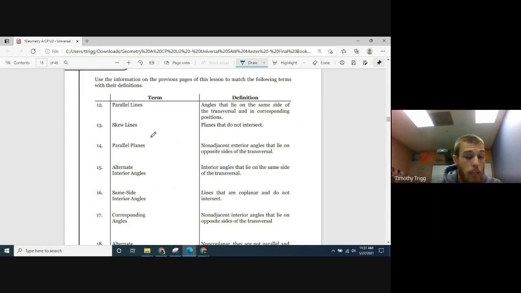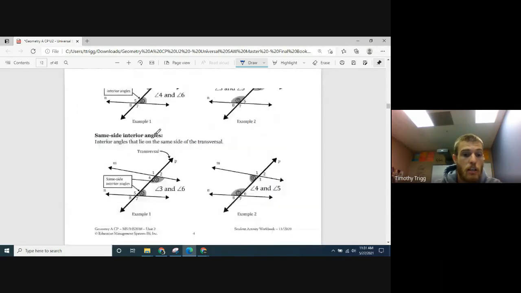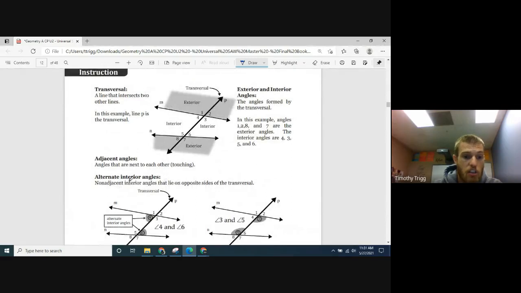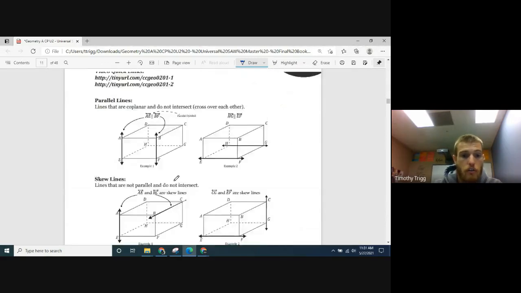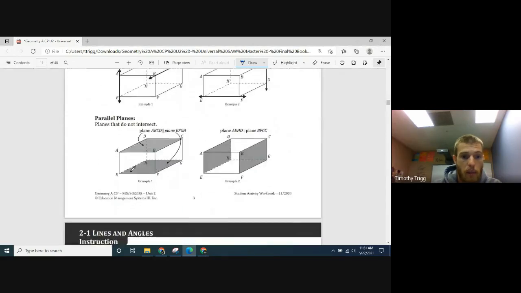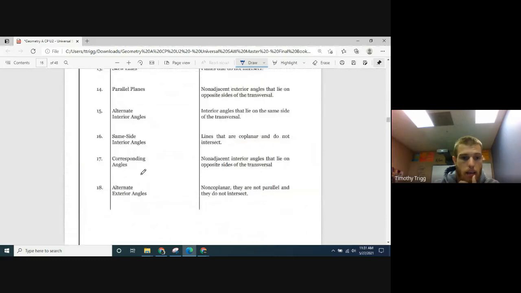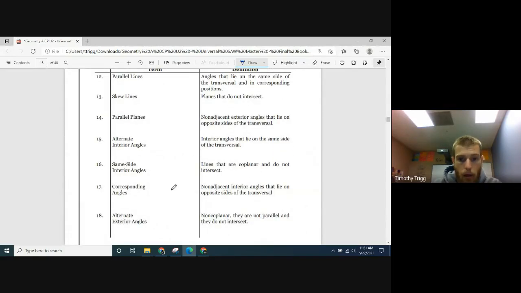But again, if you need the definitions, you could go back a few pages and see the definitions here. Adjacent angles, alternate interior angles, parallel lines, skewed lines, parallel planes.